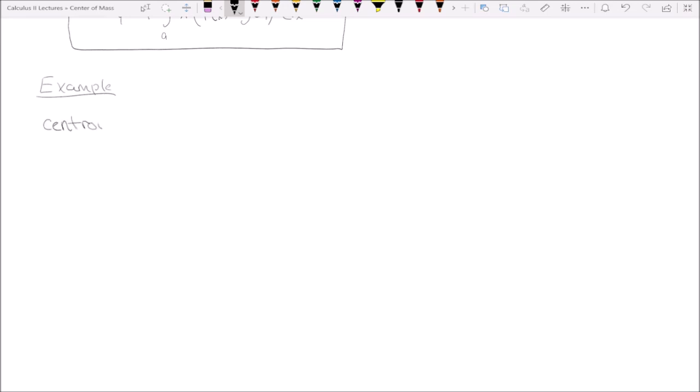We will find the centroid of the region bounded above by f of x equals 1 minus x squared, and below by g of x equals x minus 1.